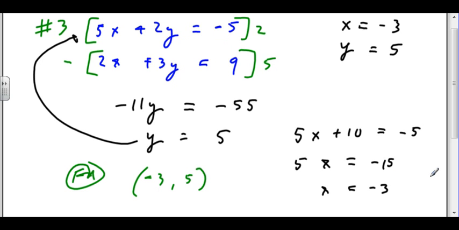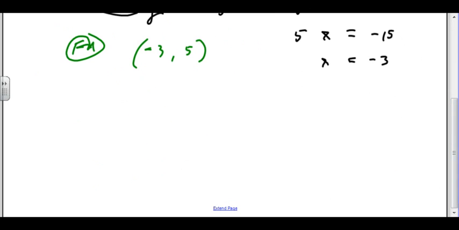All right, and then I could do it again using substitution. This particular problem I probably wouldn't do by substitution. If I had to, I'd find some other way. 5x plus 2y equals minus 5.